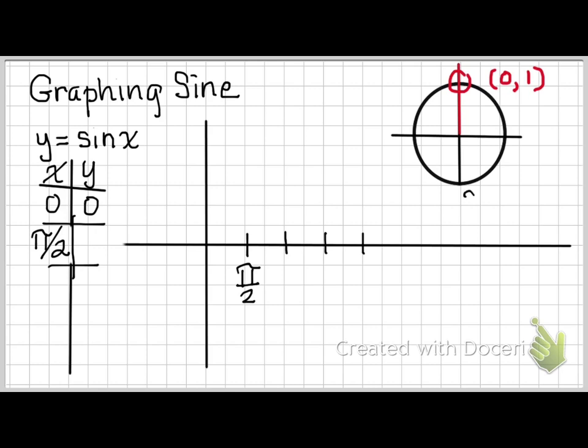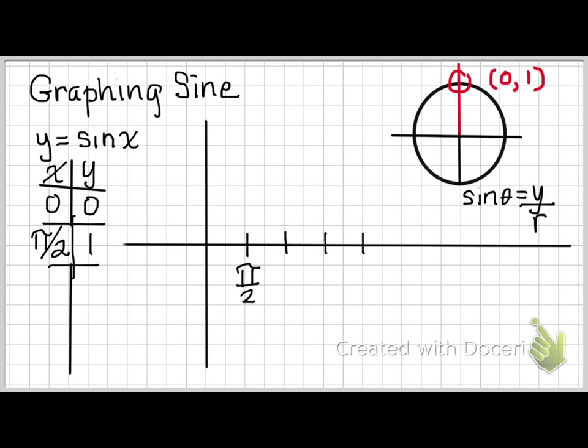Again, I remember that sine theta is equal to y over r. So in this case, my y value is 1. It's a unit circle, so my r value is 1. And that gives me 1 over 1 is 1. So the sine of pi over 2 is 1.